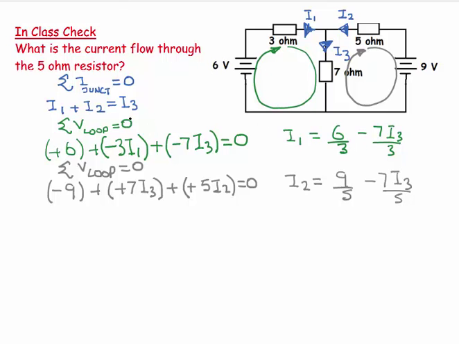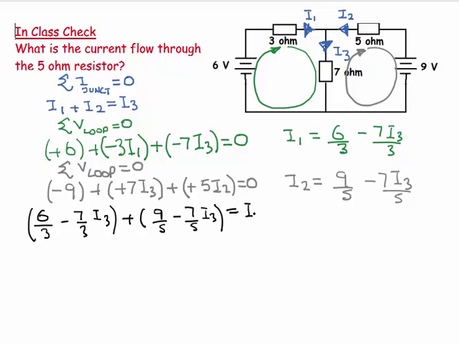So I can look at this first equation, I1 plus I2 equals I3. Well, here's I1: 6 over 3 minus 7 over 3 I3, that's I1, added to I2, which is 9 over 5 minus 7 over 5 I3, and that's equal to I3.